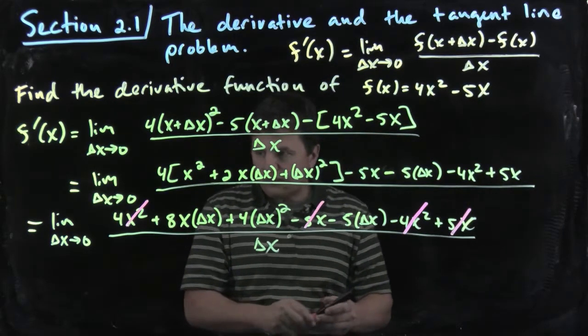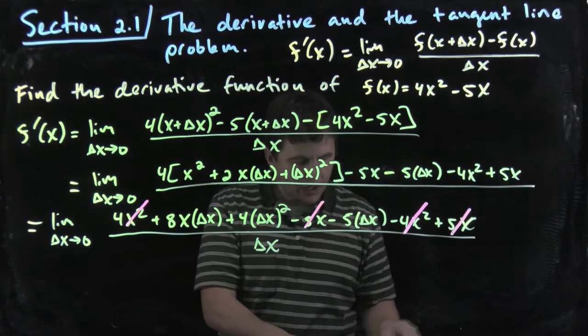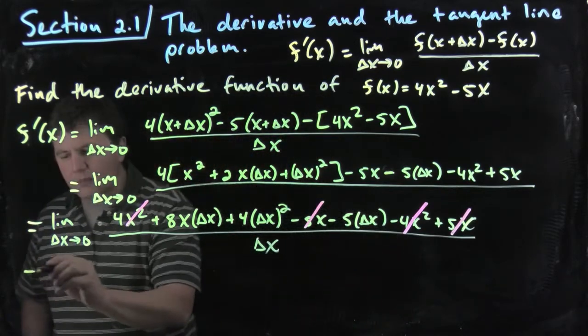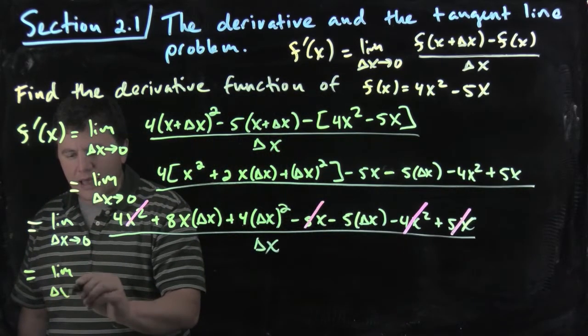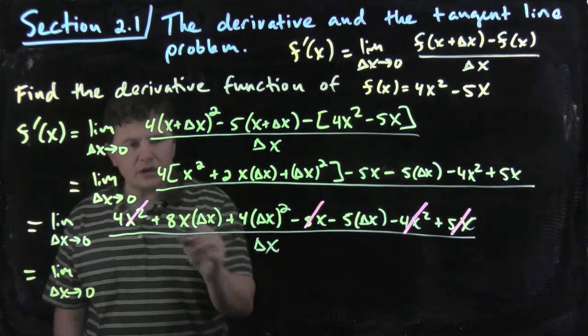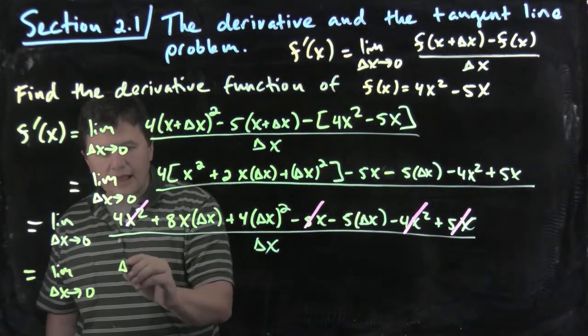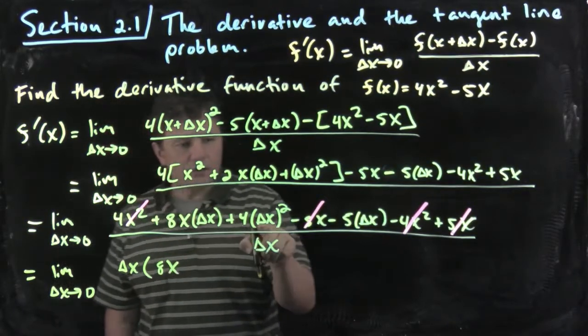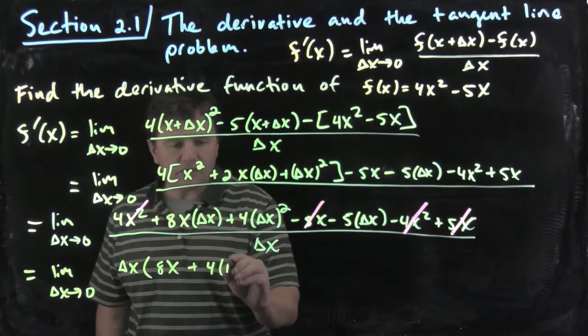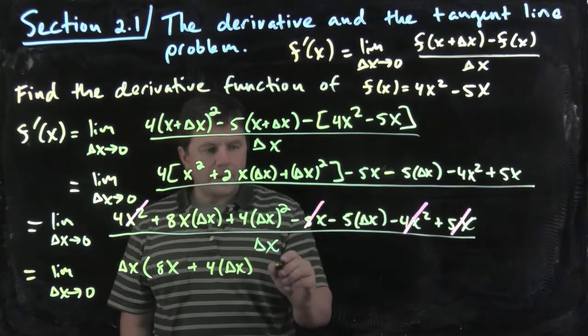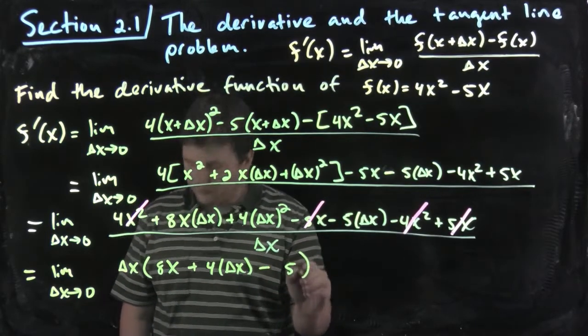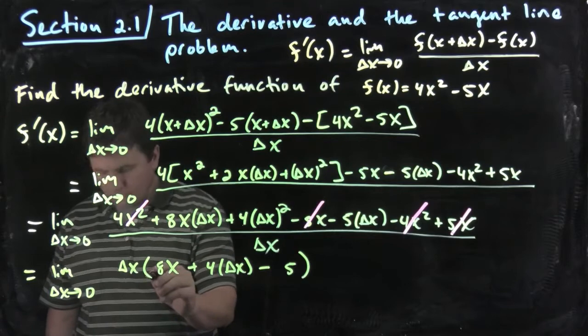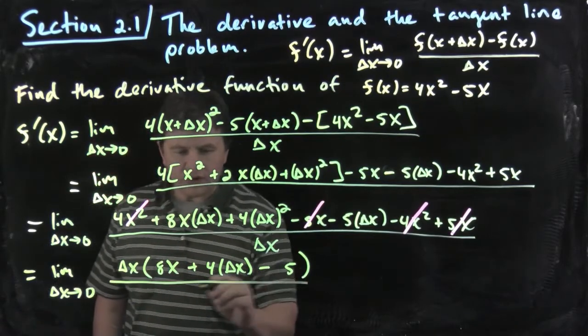So now we can factor out our delta x. Now the limit as delta x goes to 0 of delta x factored out, which leaves us with 8x plus 4 delta x minus 5, over delta x.